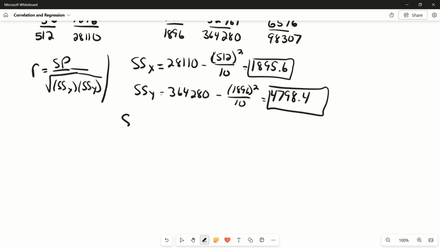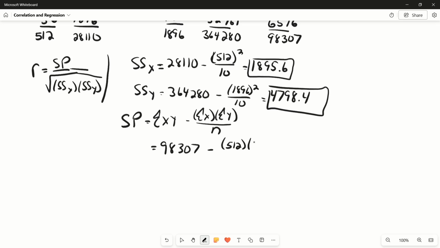And now calculate SP. So SP formula is sum of xy minus sum of x times sum of y over the number of pairs. So sum of xy we have is 98,307 minus sum of x 512, sum of y 1896, n is 10.